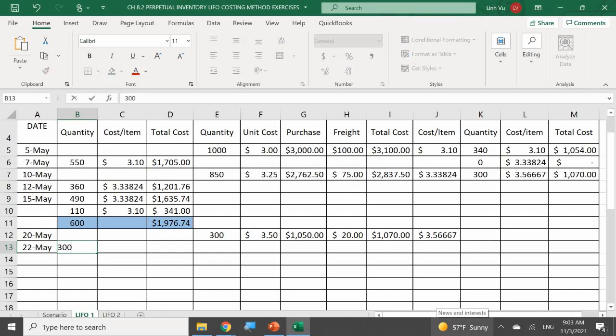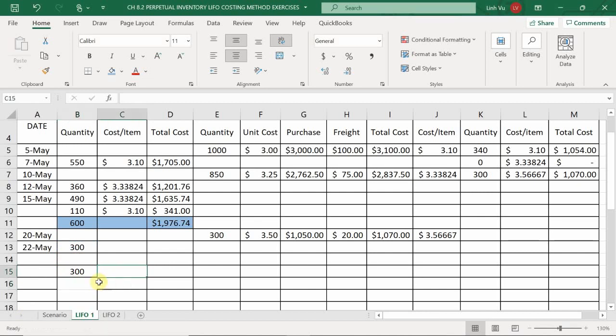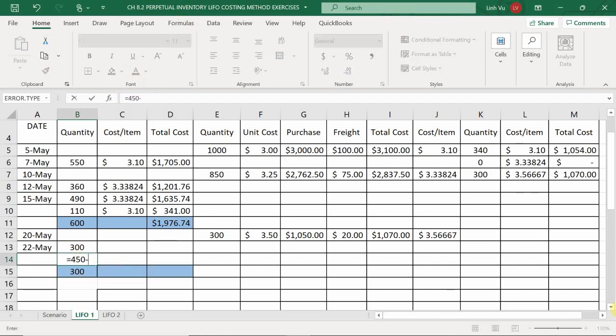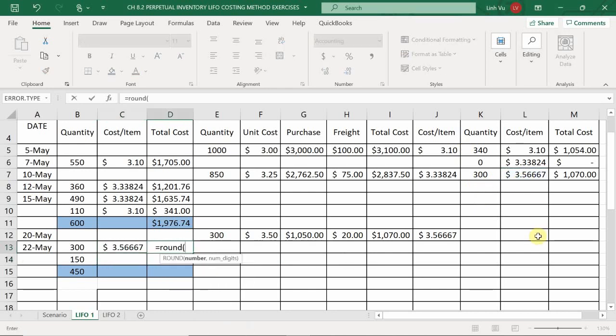So we have 300 in the last batch, right? Yes. Okay, so this is another calculation here. If I'm at 300 and I need to get to 450, how many more do I need to take out? 150. Since I know I'm going to eliminate this entire batch of inventory, I already know what that price is.